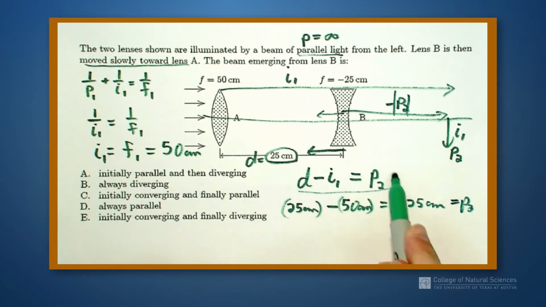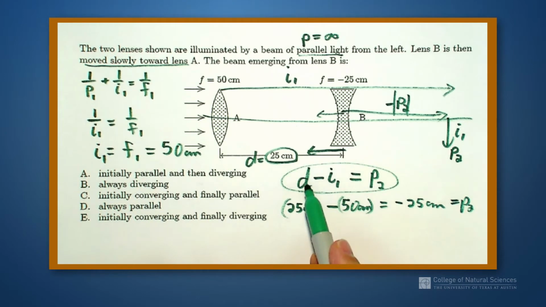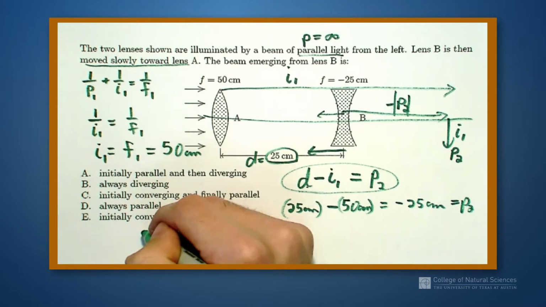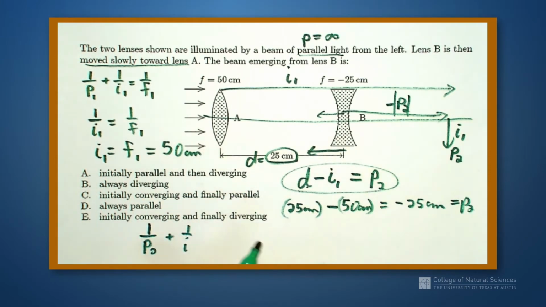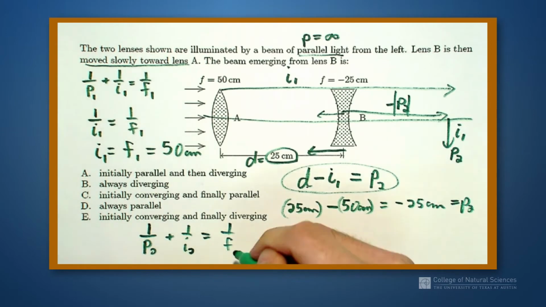More importantly, I like this equation because I'll be able to plug this in and see what happens as I move this lens. As D increases or decreases, I'll be able to see what happens to my final image. So I get 1 over P2 plus 1 over I2. The relationship between the object and the image is proportional to 1 over the focal length.